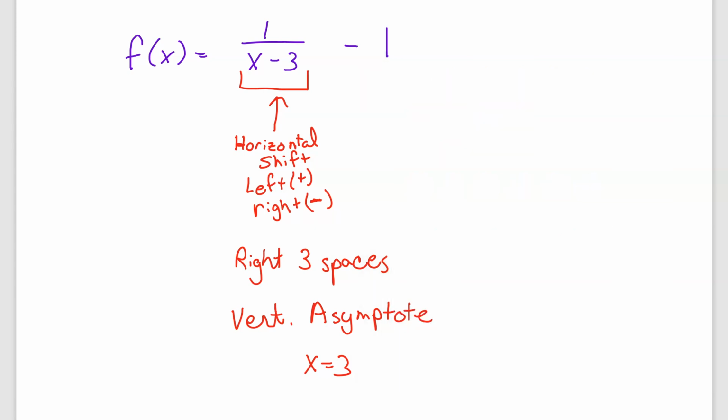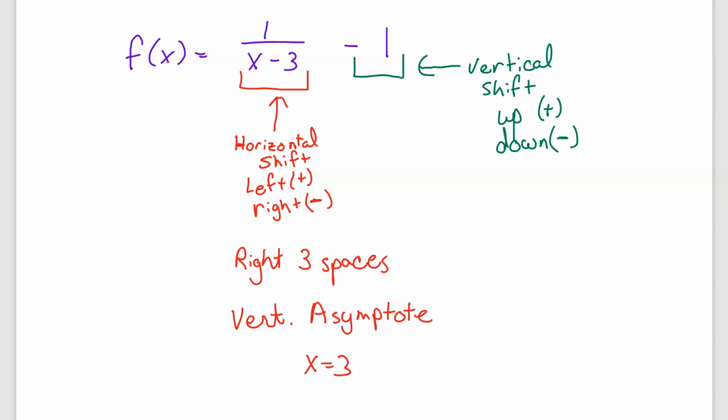Things that were not attached to the x, things that were added or subtracted at the very end, were our vertical shifts. Things that moved us up and down. This we moved in the direction that we would think. So if it was positive, we would move it up.